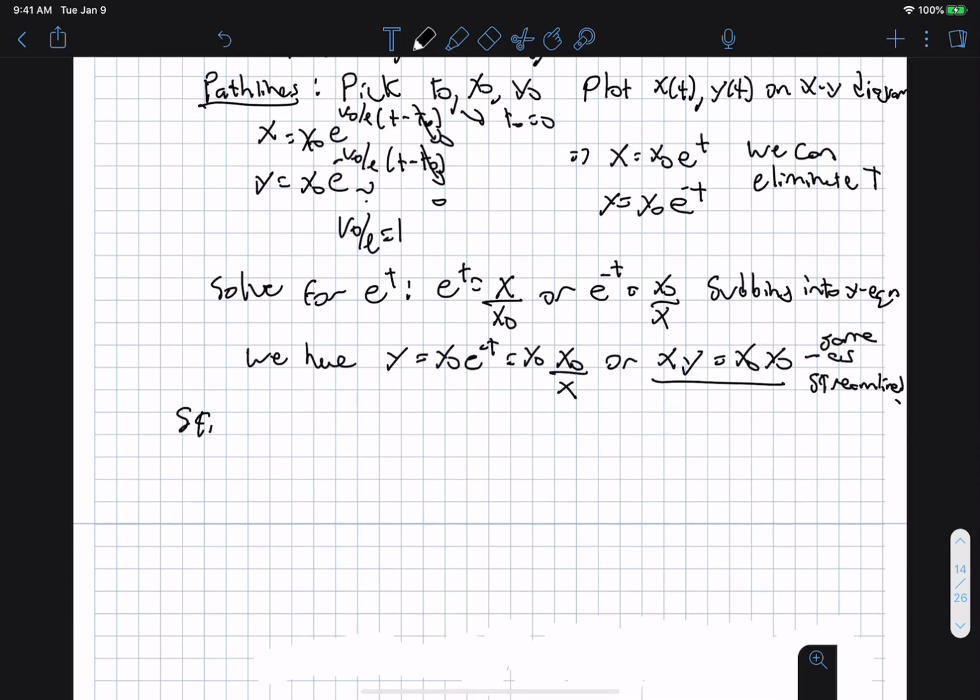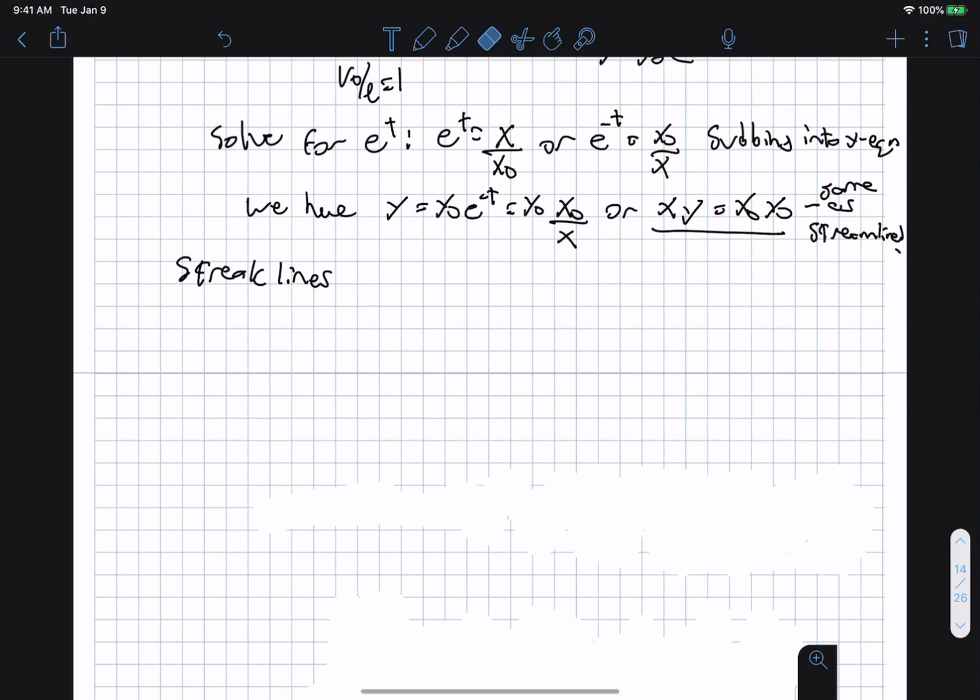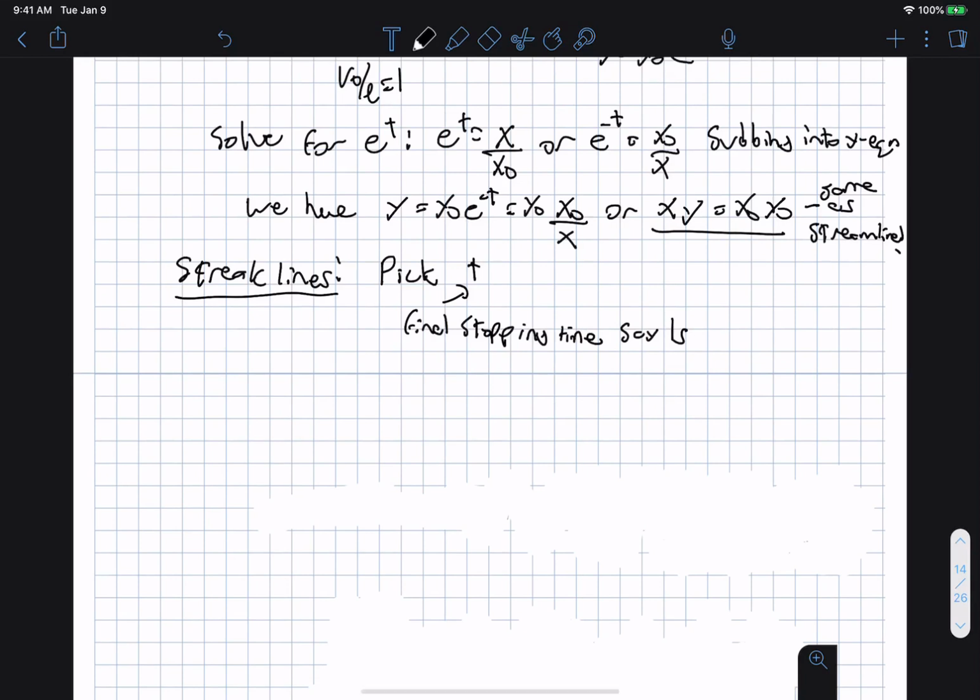And then for streaklines, you pick a time t, which is the final stopping time, say 1 second, and you pick a release point, and then you plot x as a function of the release time, and y as a function of the release time.